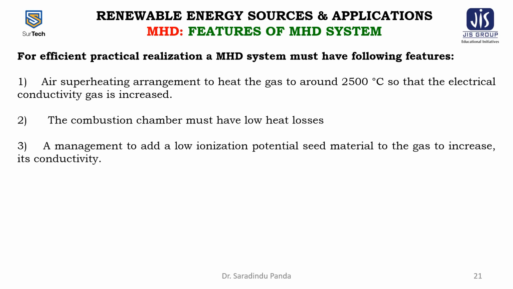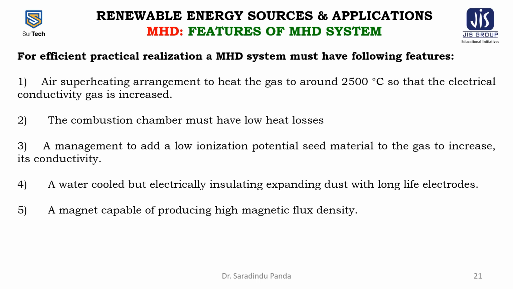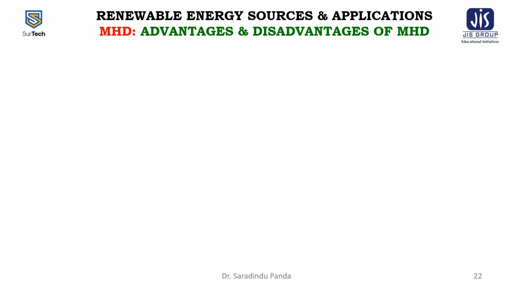A arrangement to add a low ionization potential seed material to the gas to increase its conductivity. A water-cooled but electrically insulating expanding duct with long life electrodes. A magnet capable of producing high magnetic flux density. Seed recovery apparatus, necessary for both environmental and economic reasons.